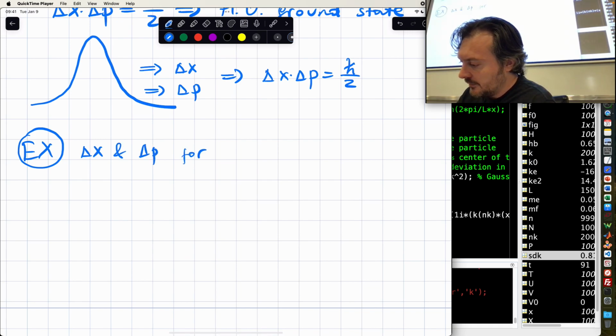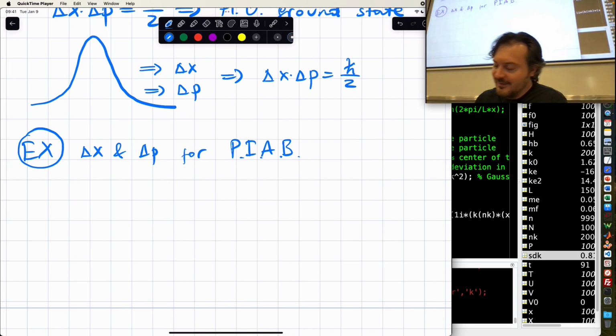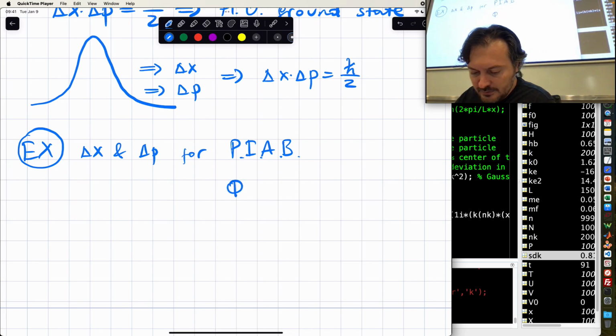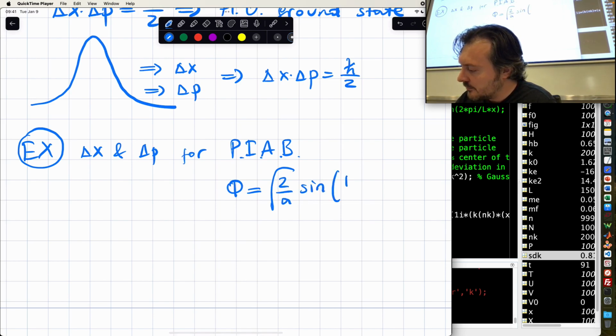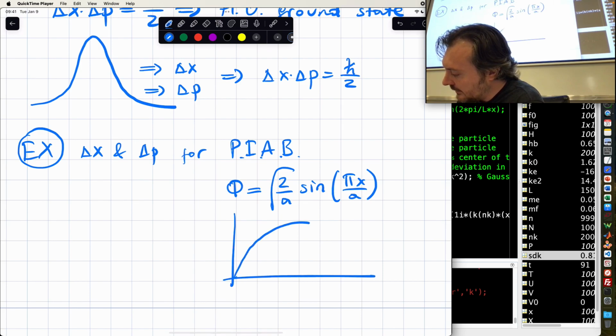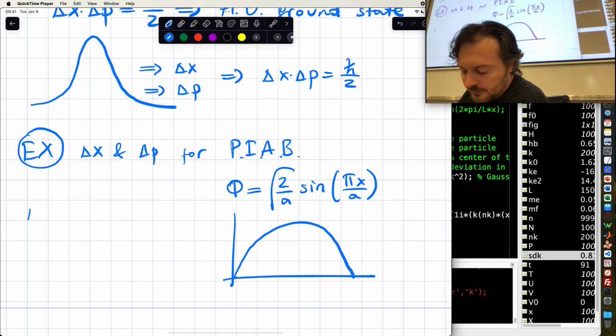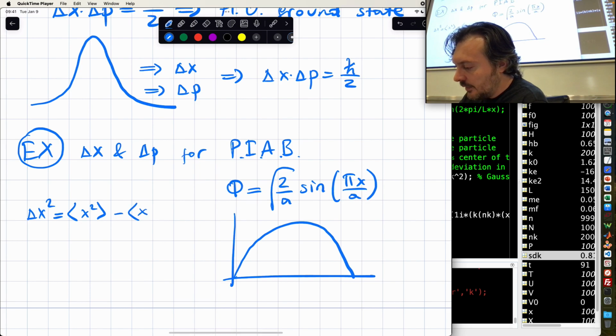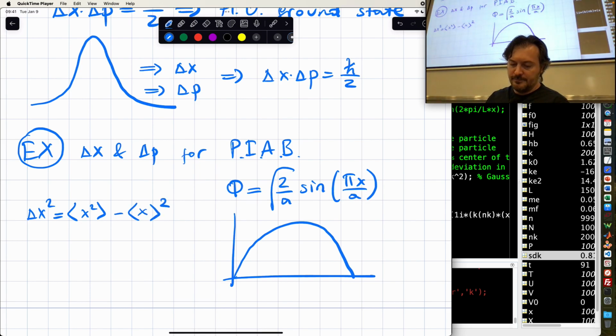for a particle in a box. So with a particle in a box, you do remember this is the case, right? How would you find delta x? Okay, what we are looking for is delta x squared, which is the expectation value of x squared minus the square of the expectation value of x.